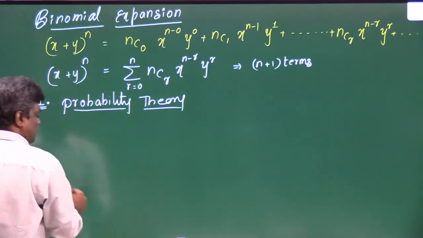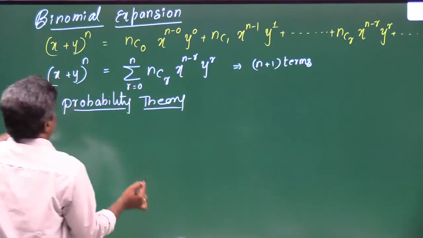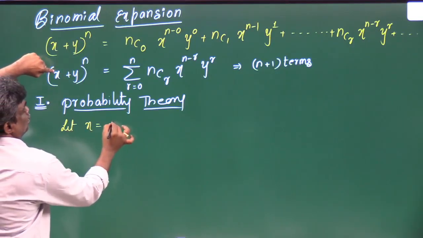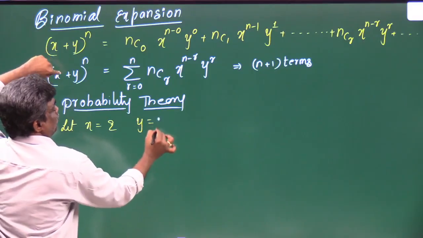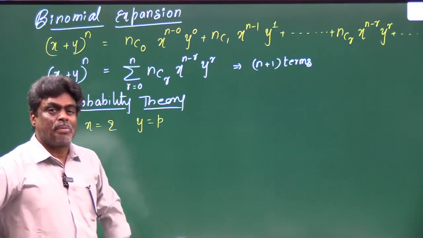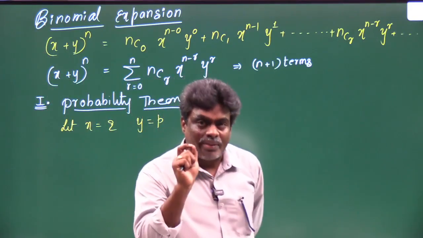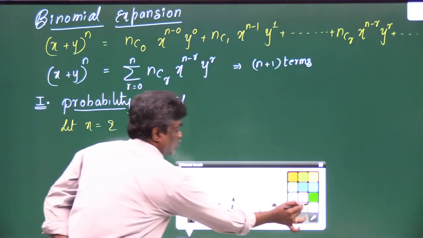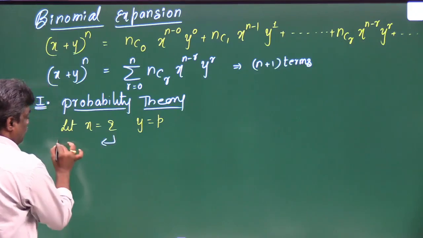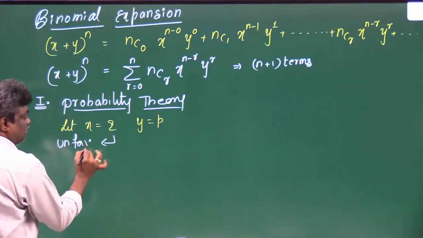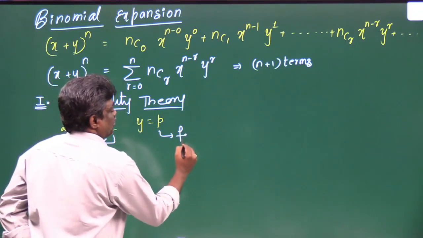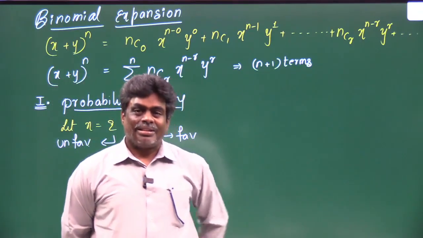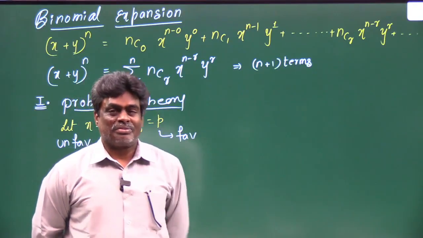So let me explain how it is. Now here in this binomial expansion, I am assuming x is equal to q and y is equal to p. Just reversed, I have taken. So what are p and q? P stands for favorable probability, q stands for unfavorable probability. For example, if you take a coin, p is equal to half and q is also half.